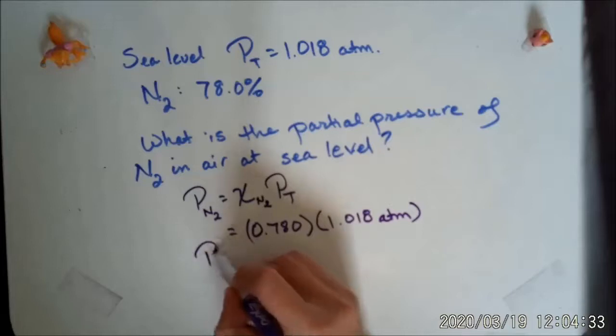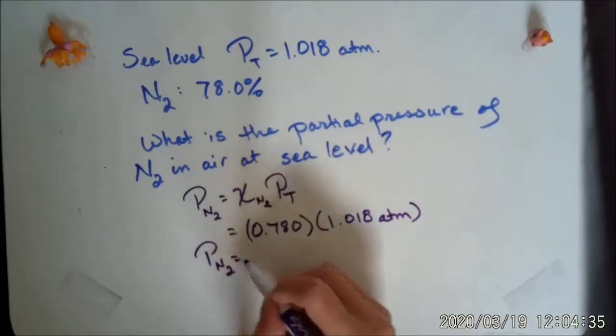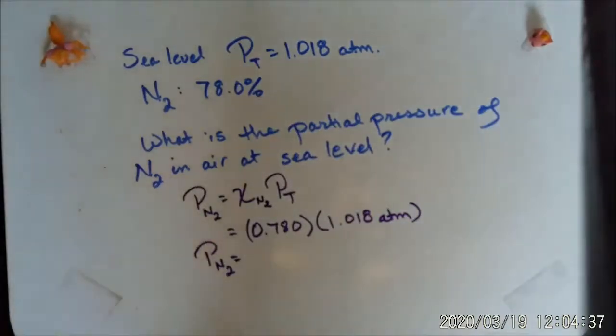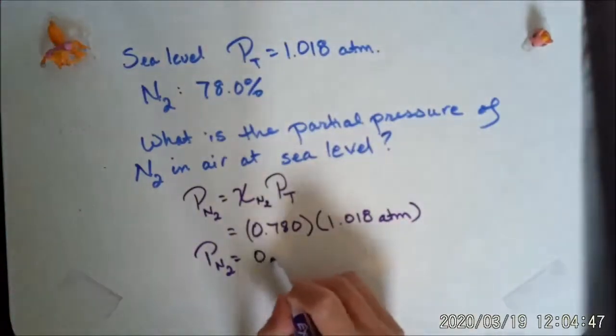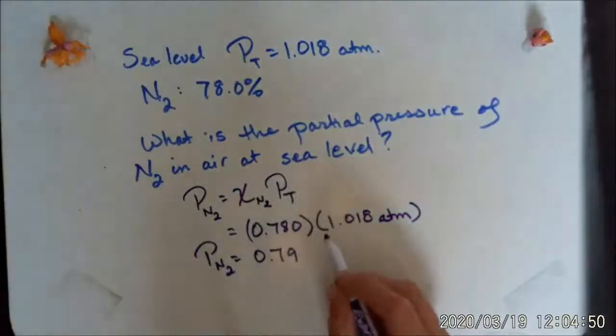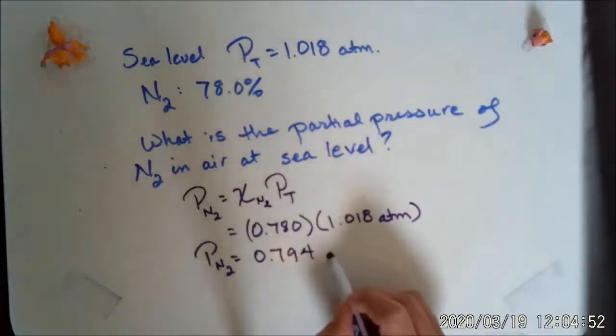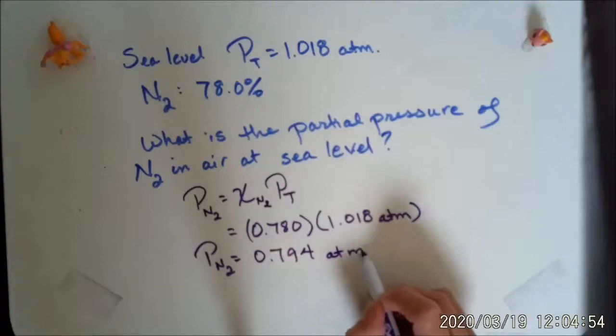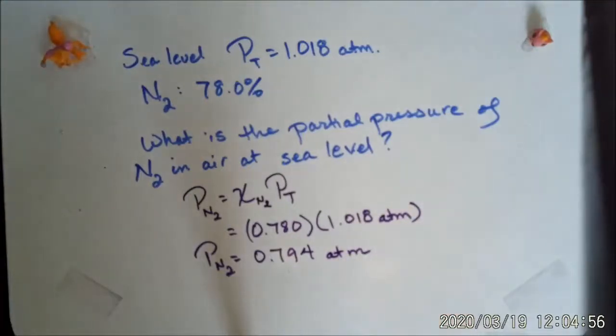So the partial pressure of nitrogen is 0.780 times 1.018, which is equal to 0.794 atmospheres. So that's how we use partial pressure.